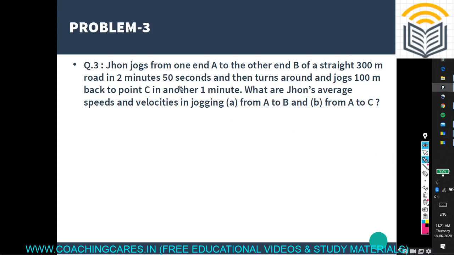John jogs from one end A to the other end B of a straight 300-meter road in 2 minutes and 50 seconds.